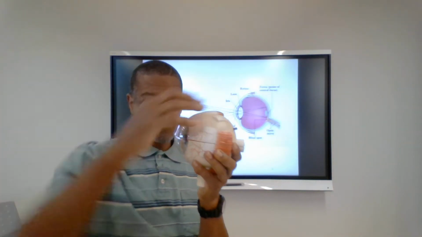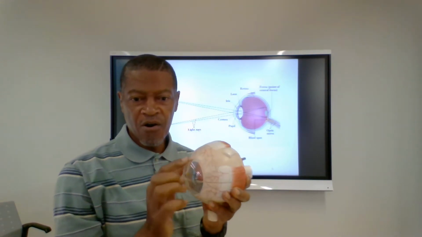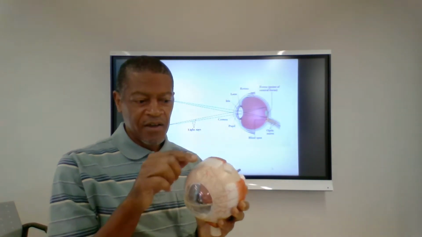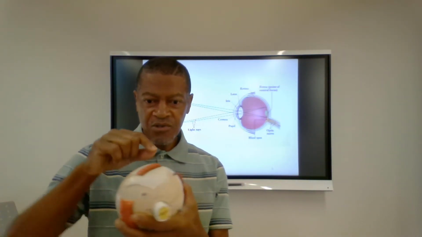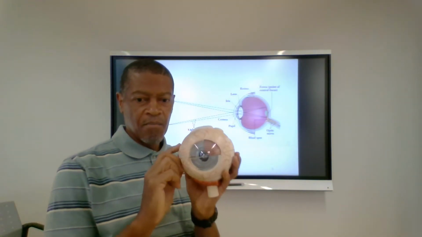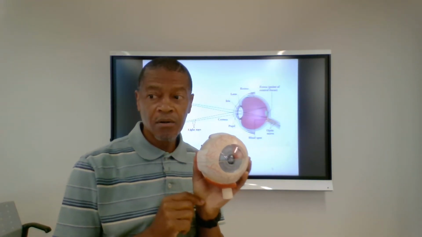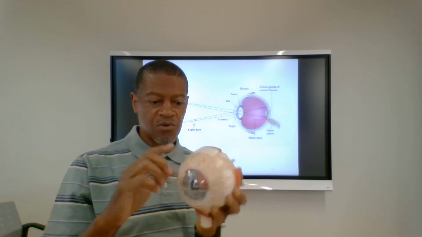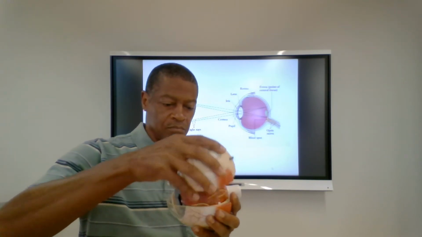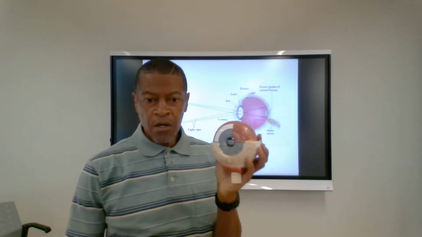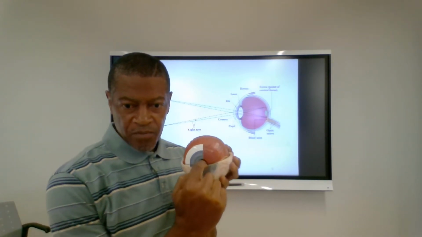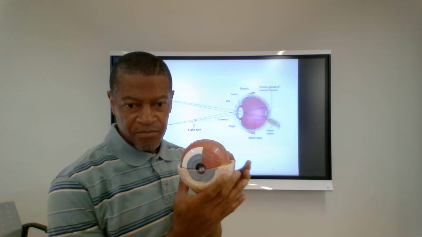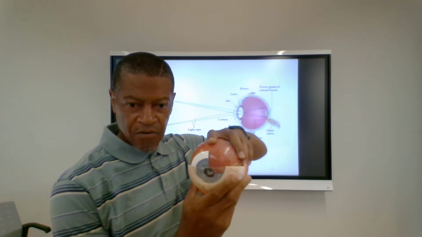Take this apart. So all these blood vessels right here are feeding the eyeball. This right here, these are muscles. Because your eyes can what? Go up, down, side, can move around, so the muscles do that. There's the pupil, right in the middle.